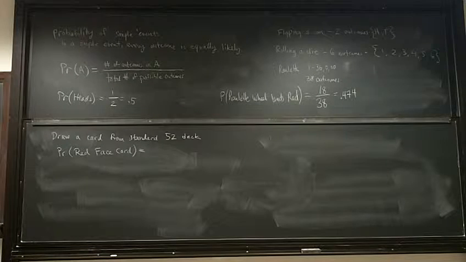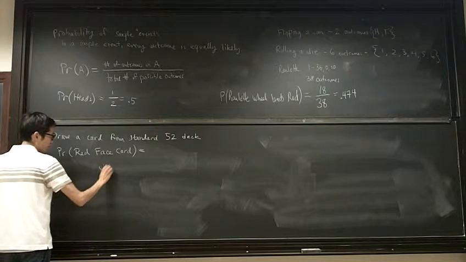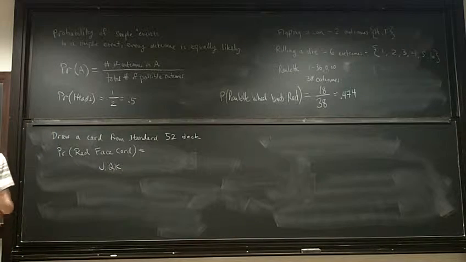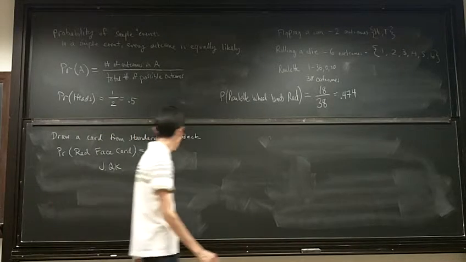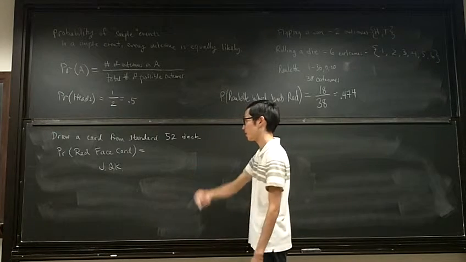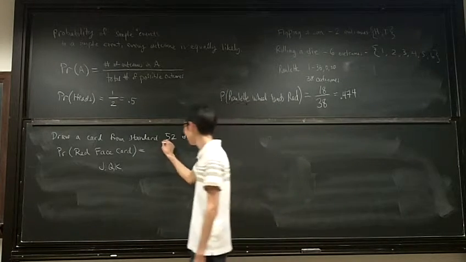A face card is Jack, Queen, or King. Ace, I don't consider a face card because there's no face on that card. So it's 6 out of 52, a red face card.